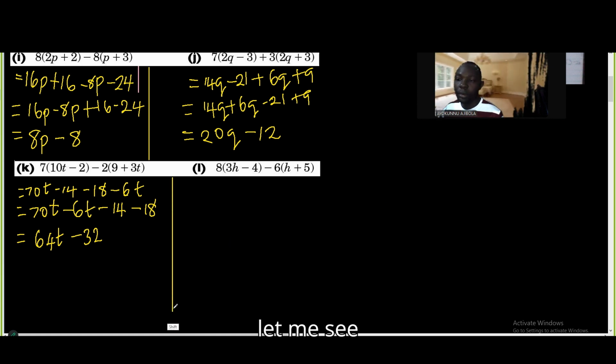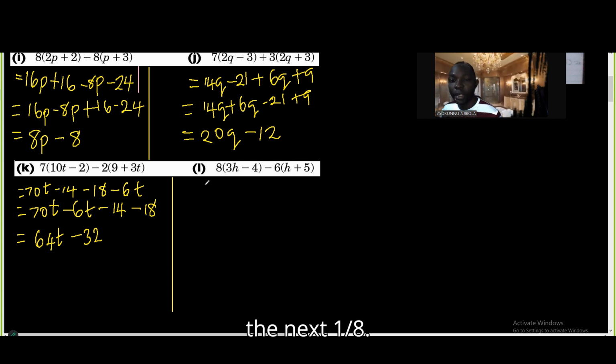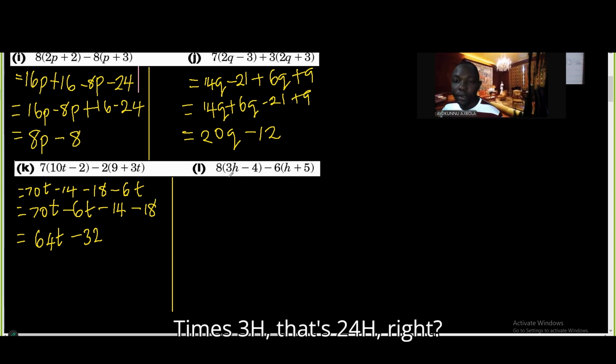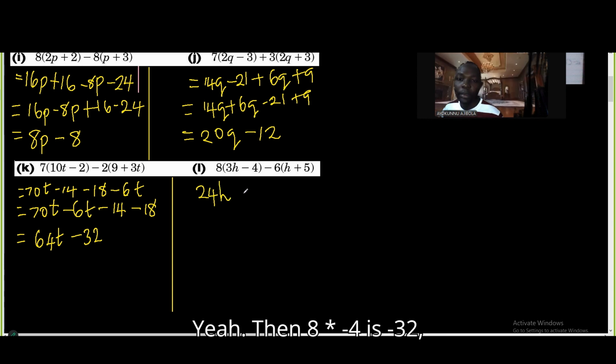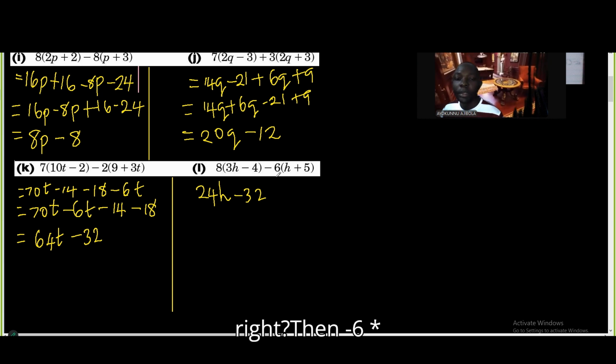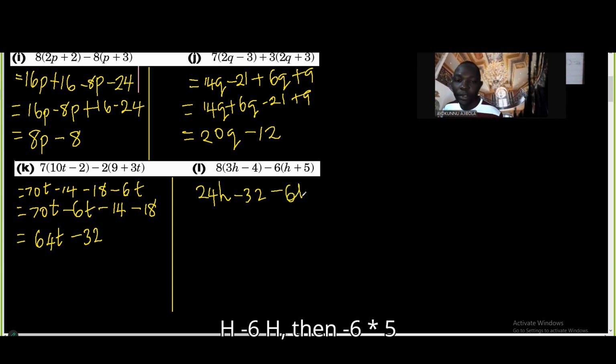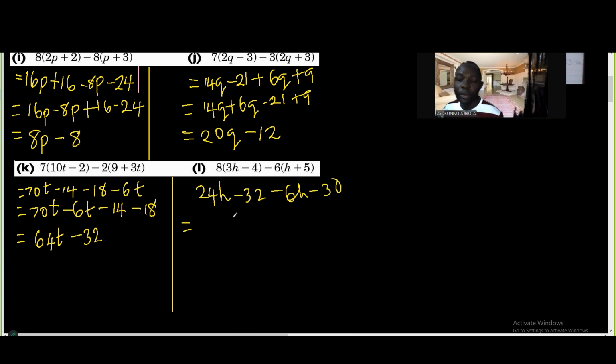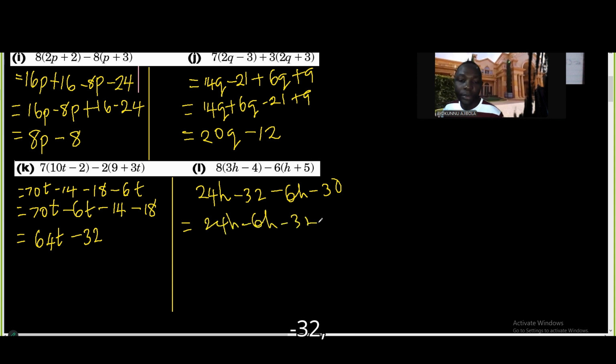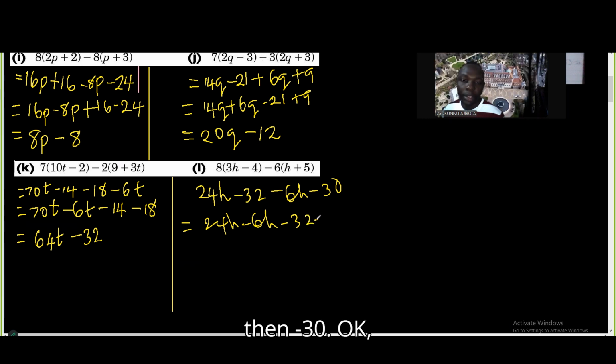Well, let me see the next one. 8 times 3h, that's 24h, right? Then 8 times negative 4 is negative 32, right? Then minus 6 times h, minus 6h. Then minus 6 times 5 is minus 30. So we can say this is 24h minus 6h minus 32, then minus 30, okay?